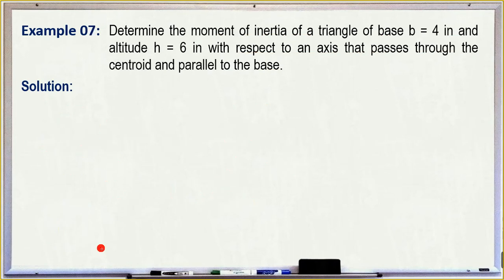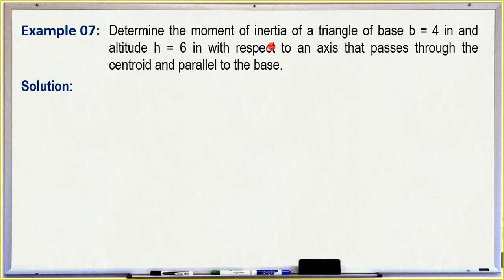So let's have example number 7. This is the last one because it's already 5:13. Determine the moment of inertia of a triangle of base B equals 4 inches and altitude H equals 6 inches with respect to an axis that passes through the centroid and parallel to the base.